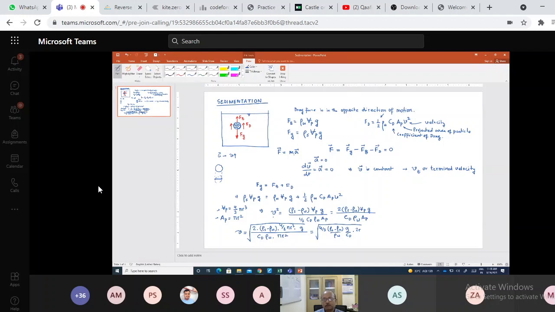And then 2R equals D. So if D is the diameter of the particle, you can write 4 by 3 G D by Cd, rho S minus rho W by rho W. So this is what you get, okay. So this is the terminal velocity of the particle that you get. So I'll write Vt here, okay.